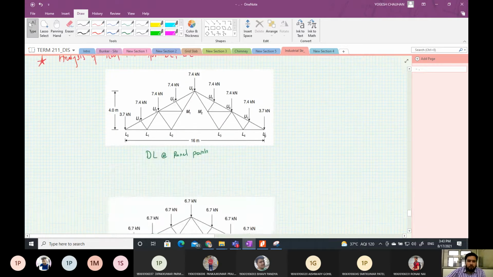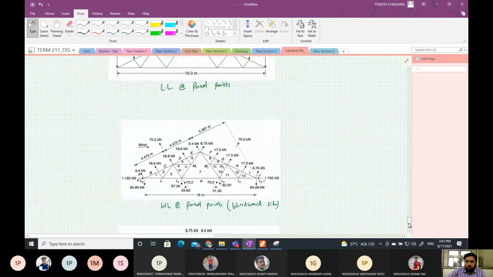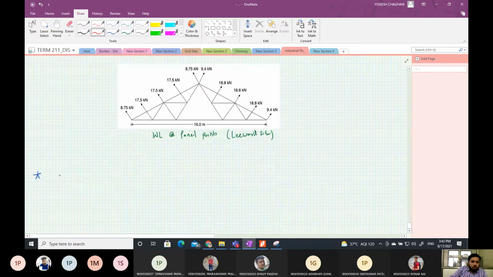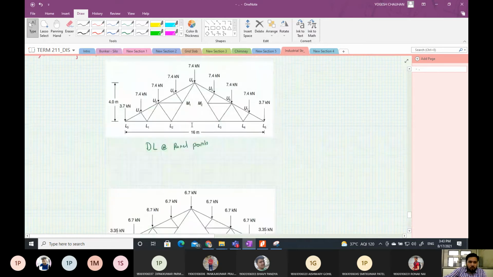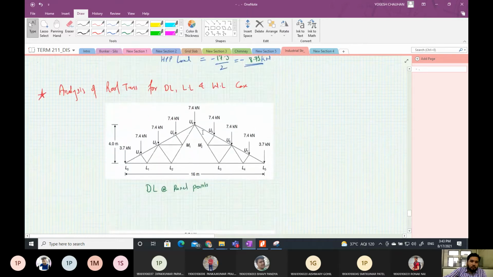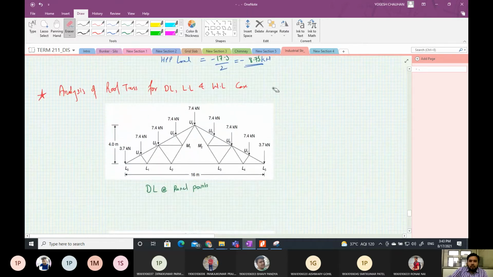So these are the load diagrams. Now to analyze the truss, we will be using graphical method.